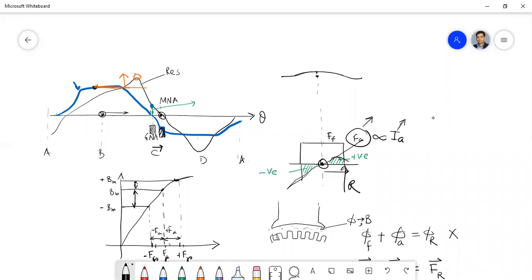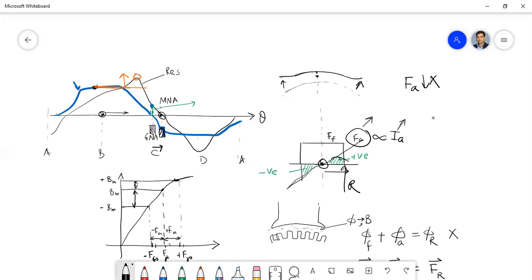Therefore, we are chamfering at the ends at least, so that reluctance increases there and we get less effect. You cannot reduce the armature mmf.